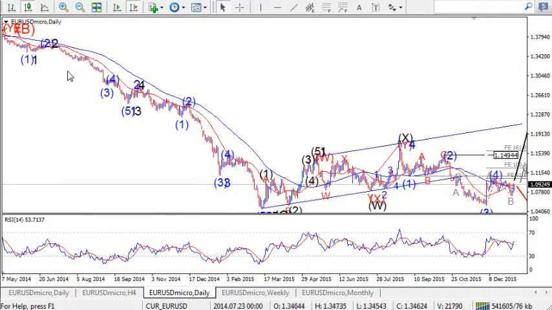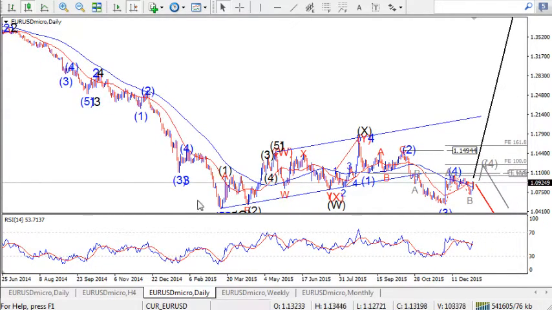We have 1, 2, 3, 4, and an extended 5 to the downside, and then a wave 1 to the upside, which is a little odd, but there is nothing wrong with the Elliott wave count here. 1, 2, 3, 4, 5 to complete wave 1 to the upside, and then a complex correction of WXY for W here, X, and a Z wave that has finished here, which will suggest that the third wave that will drag prices to much higher levels has already started.